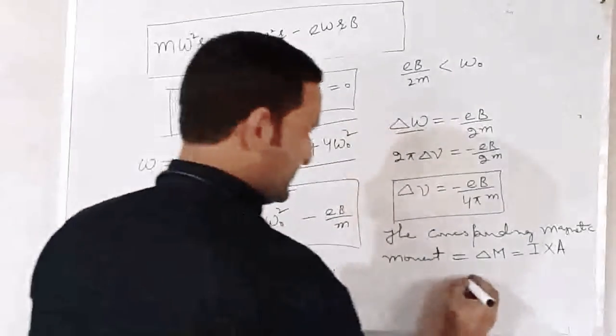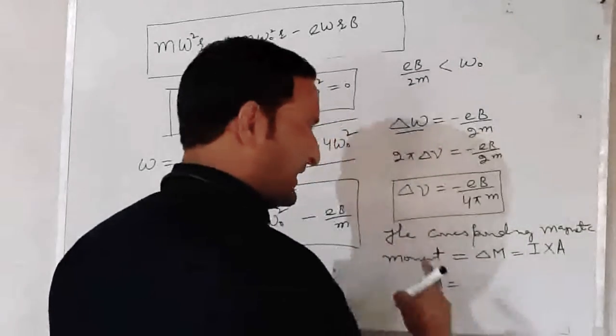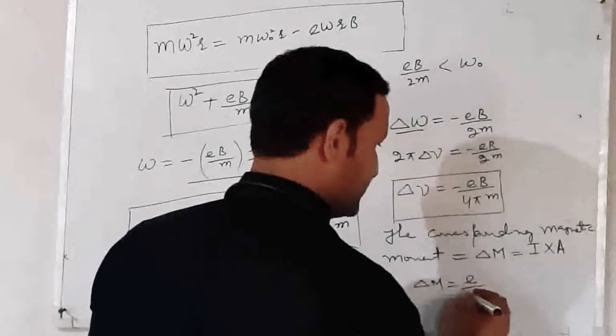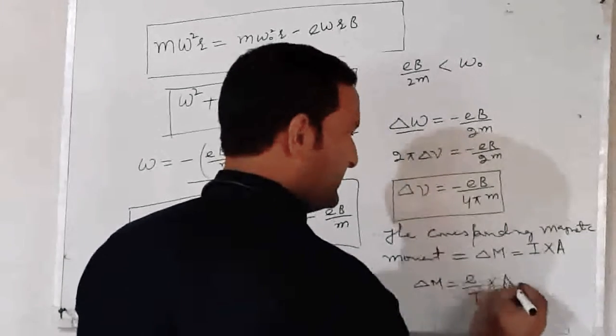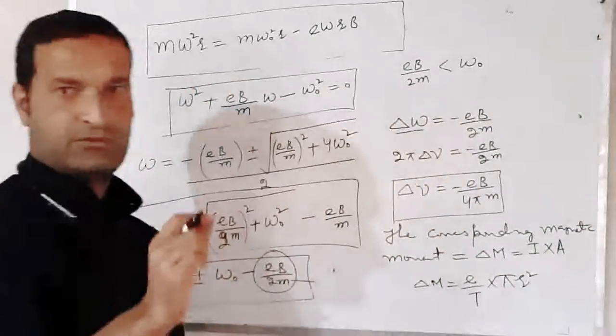Here you see delta m will be equal to current, which by definition is charge divided by time, that is the charge of the electron divided by the time period, multiplied by area, which will be pi r square, the area of the circular loop.